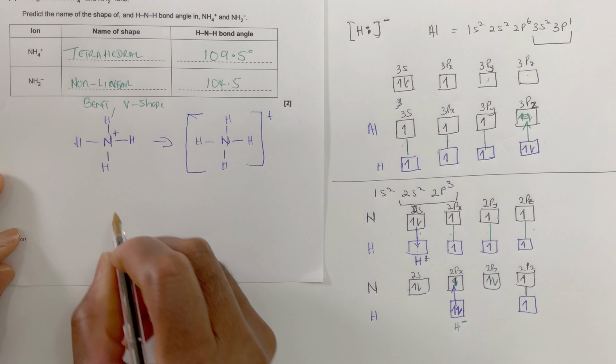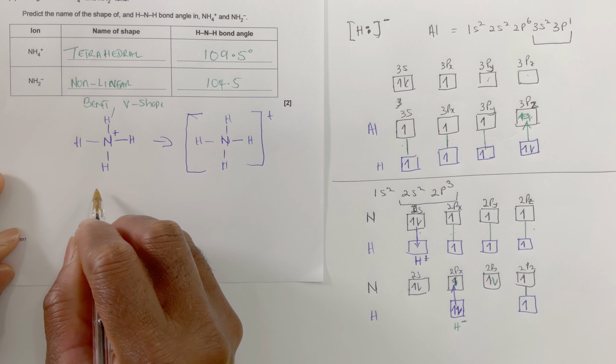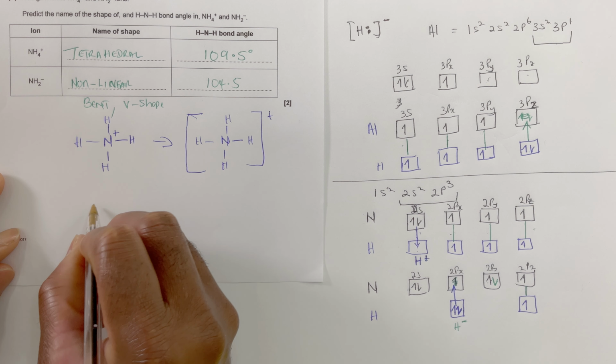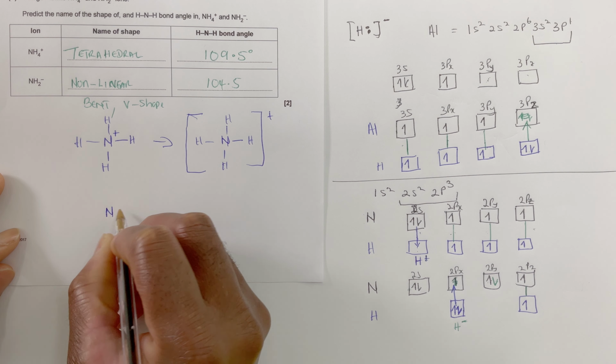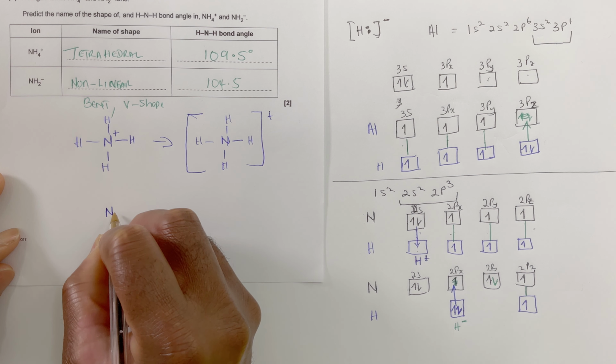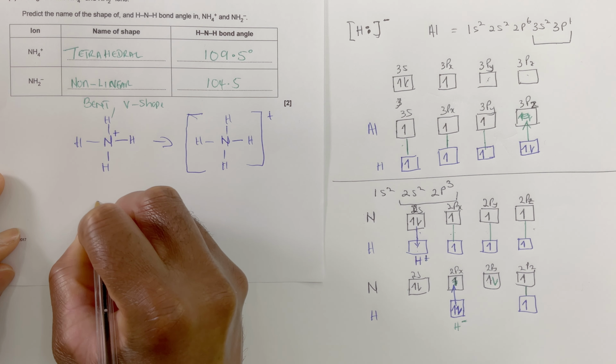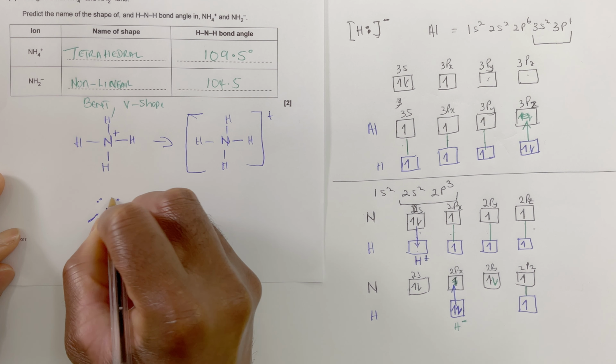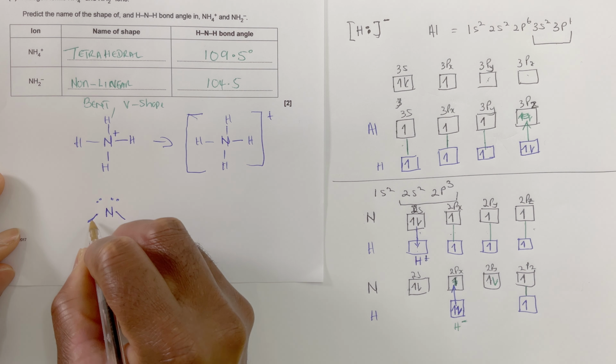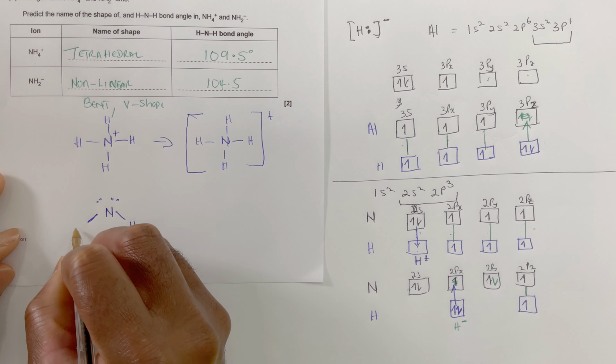But this one here will now be drawn as N, H, H with the 2 lone pairs sitting there. These are the 2 lone pairs, and that's hydrogen and hydrogen.